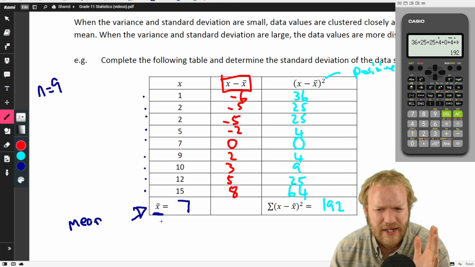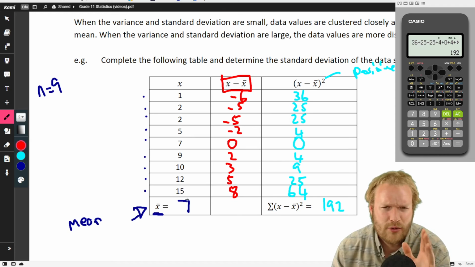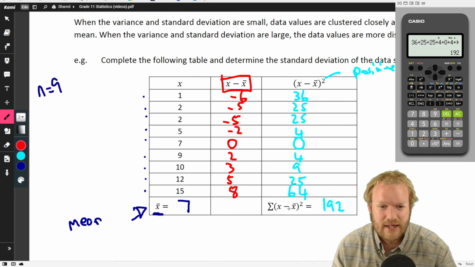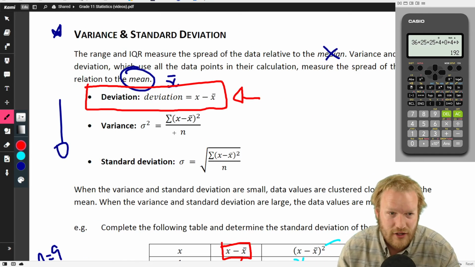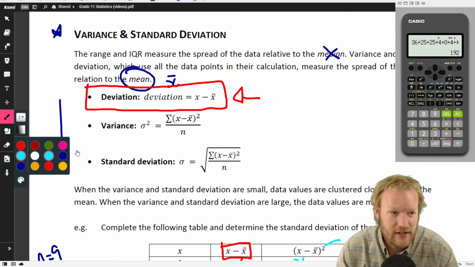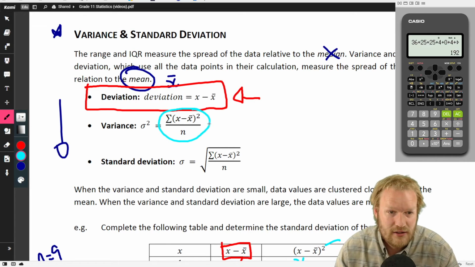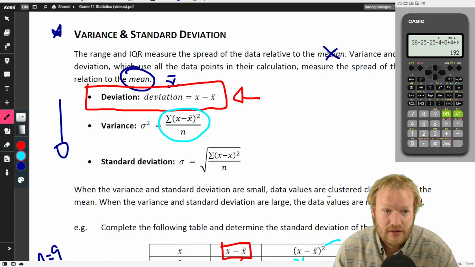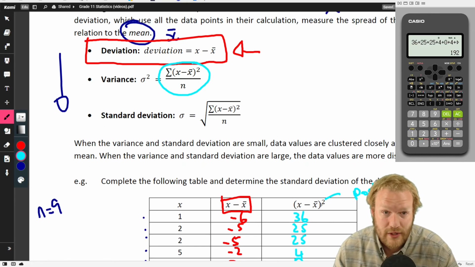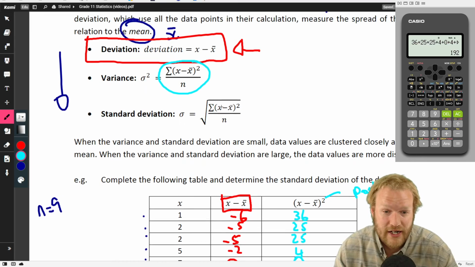Now, how do we work out the mean? Well, we added them all up and divided by the number there were. So why don't we do the same for this? Our variance is adding all of these squared amounts up and dividing by n.